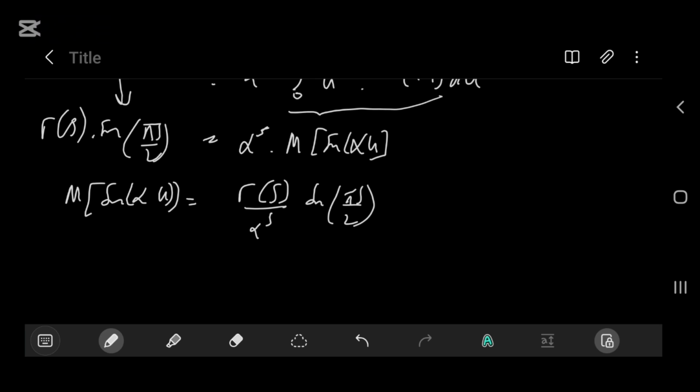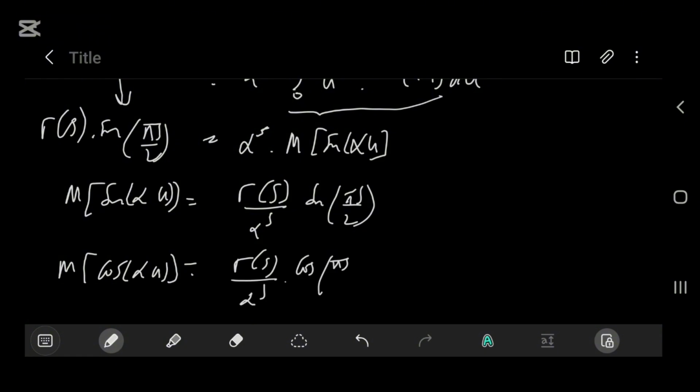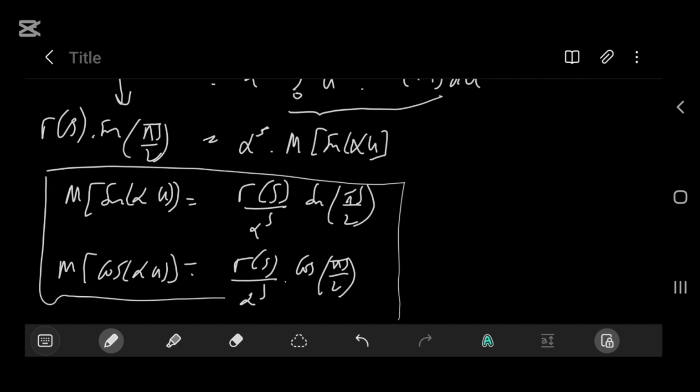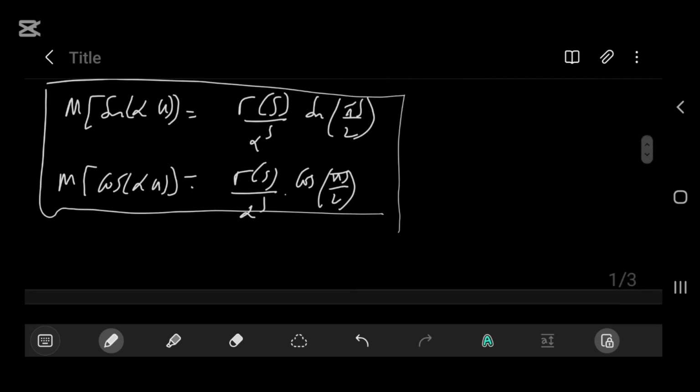If we follow the same steps, the Mellin transform of cosine alpha u is gamma of s over alpha to the power s times cosine pi s by 2. We need this answer to solve the integral. Let's move on to page number 2.